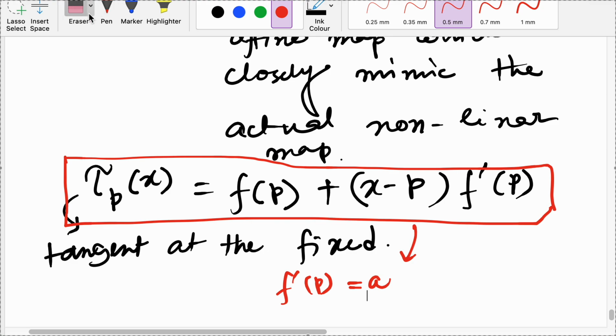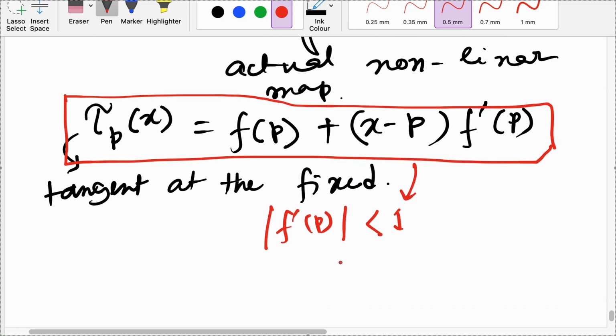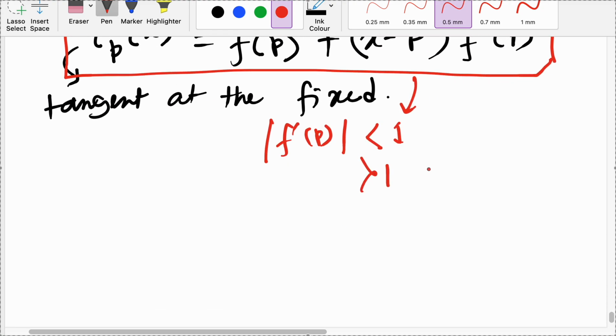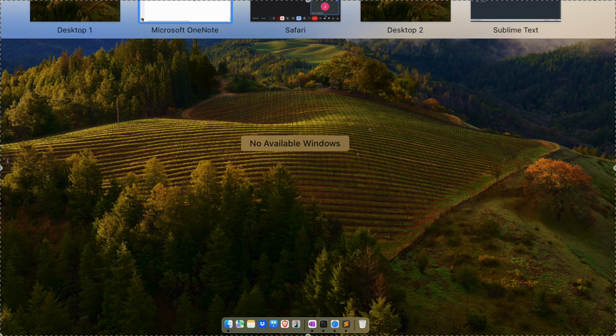Depending upon this f prime p, whether it is less than or greater than 1, if less than 1, we can say that all the neighborhood initial conditions will come towards the fixed point p, and if it becomes greater than 1, then all initial conditions will go away from the fixed point. So is it clear, Subhadaji?